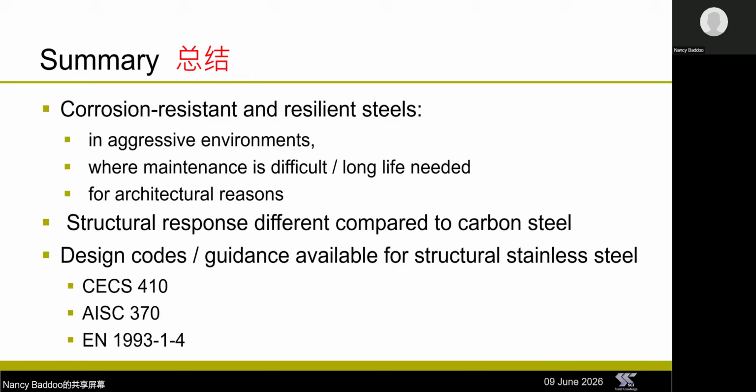In closing, I have some comments to summarize the message of the last 4 talks we have given on structural stainless steel. Stainless steel is a family of corrosion-resistant and resilient steels. They have a range of corrosion resistance and mechanical properties, also a range of toughness, and they are suitable and cost-effective to use in many applications, but not all.